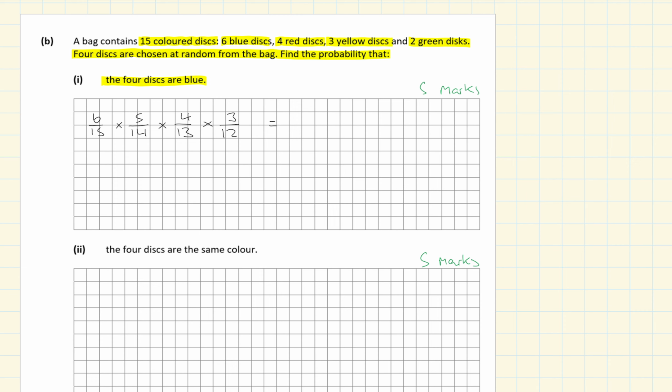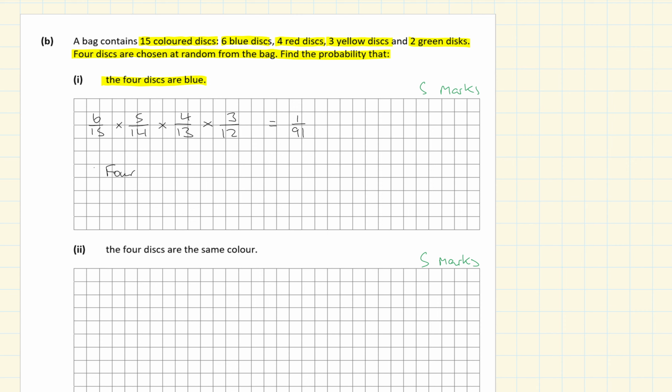So we put that into our calculator. 6 over 15 by 5 over 14 by 4 over 13 by 3 over 12 will give me 1 over 91. And that's my answer to part 1.